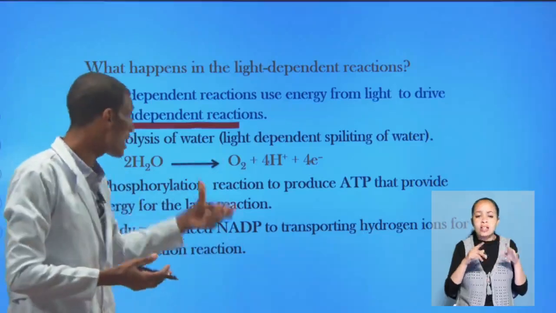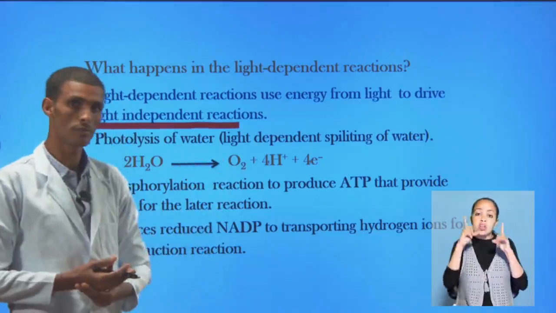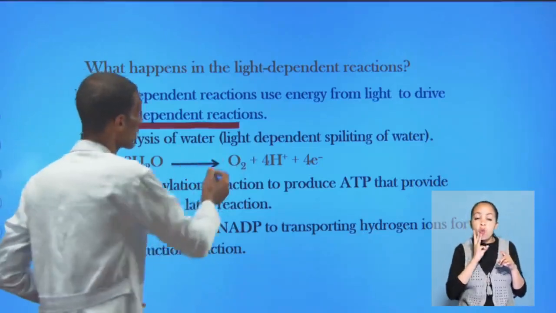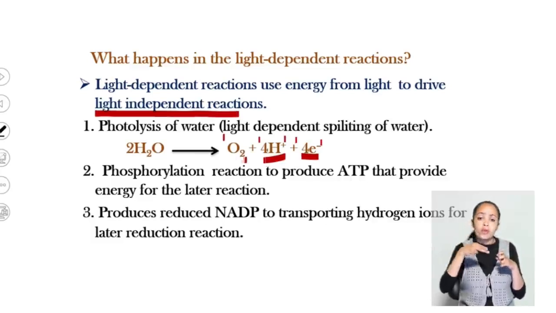The first reaction that takes place within the thylakoid membrane is photolysis of water. This photolysis of water produces oxygen, protons, and 4 electrons. There are 4 electrons, 4 protons, oxygen and the water molecule.